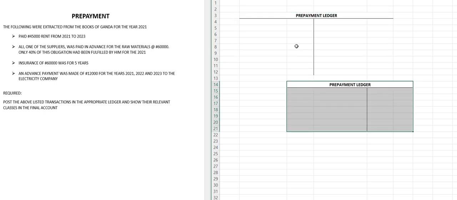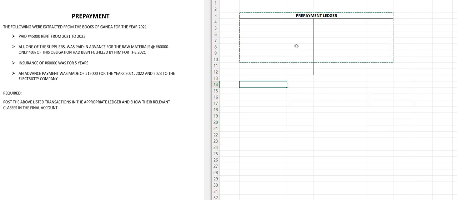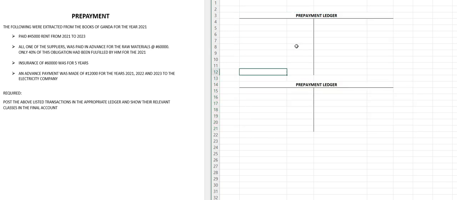The next one you are likely to create is your cash account, cash ledger. Then you now create the expense account. But before we go on, let's look at the relationship between cash and prepayment.